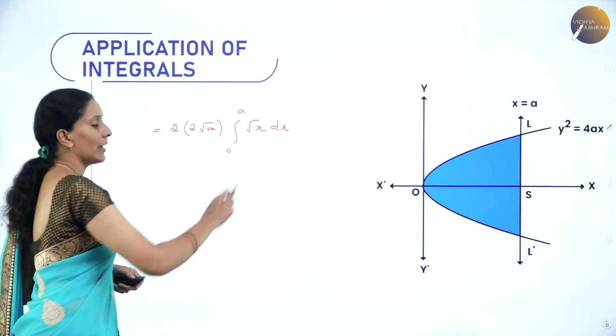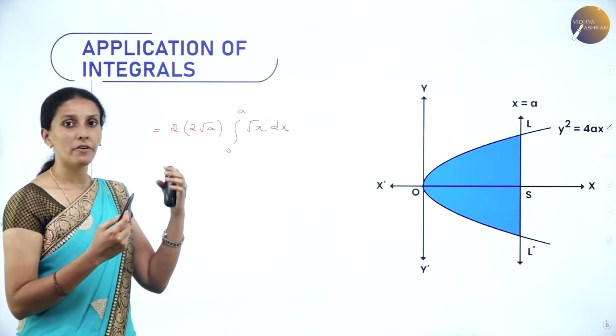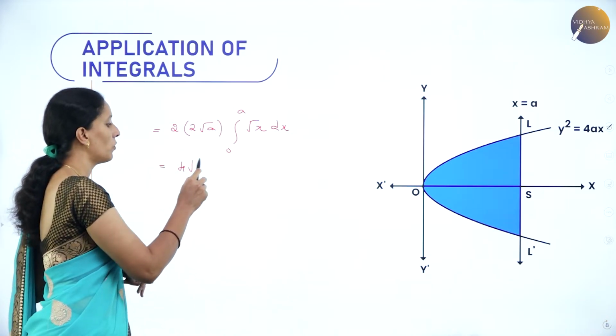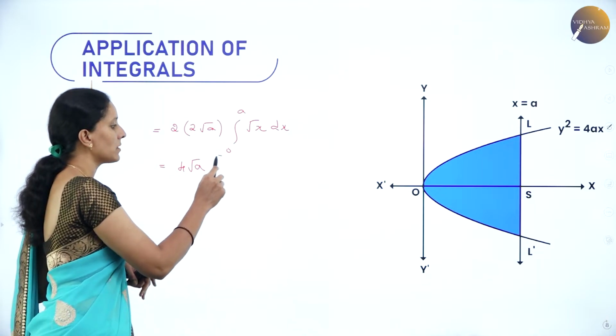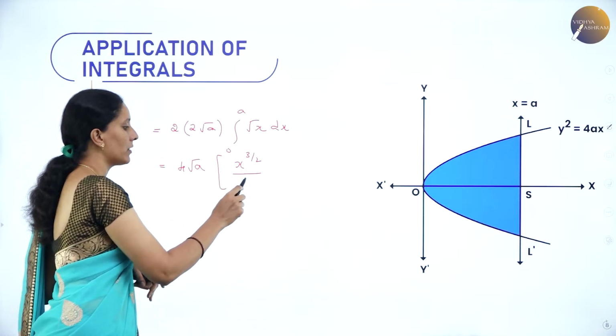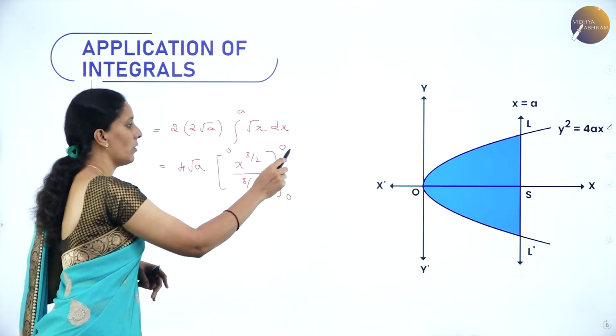So root x in index power is x to the power half. We know that the integral of x power n is x power n plus 1 by n plus 1. So therefore this becomes 4 root a, integral from 0 to a becomes x to the power 3 by 2 by 3 by 2, and limits are 0 and a.